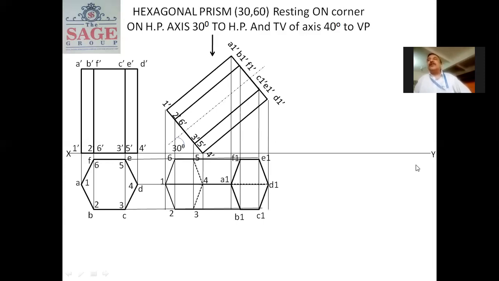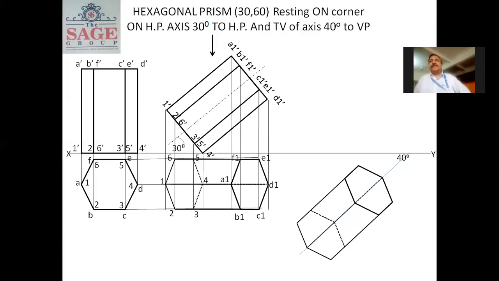So we draw a 40-degree angle and then draw the complete top view like this. This is just copy and paste. We have to copy every point from here with the same dimensions and draw here.